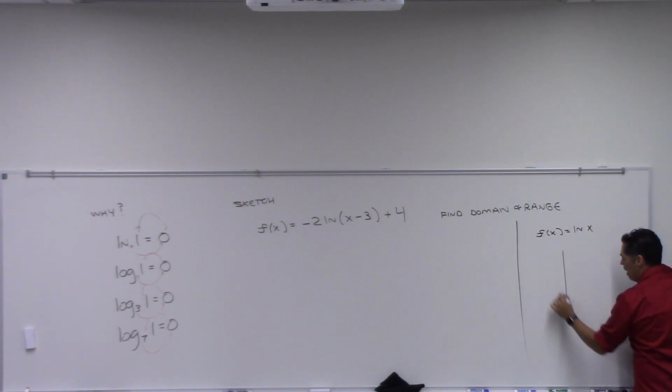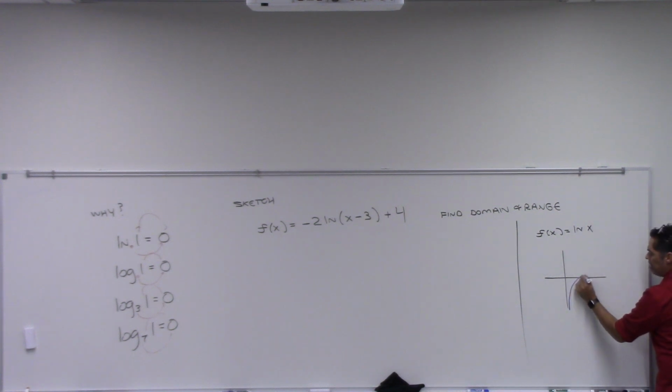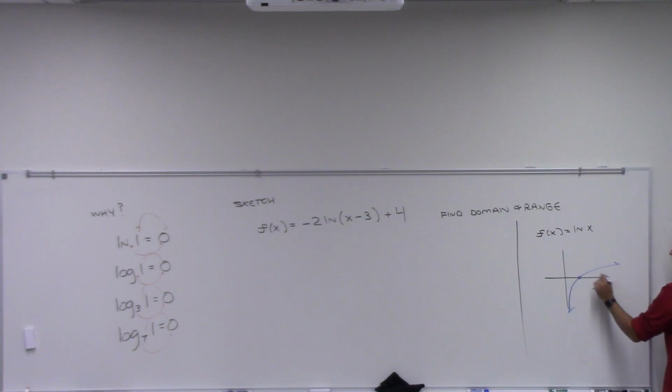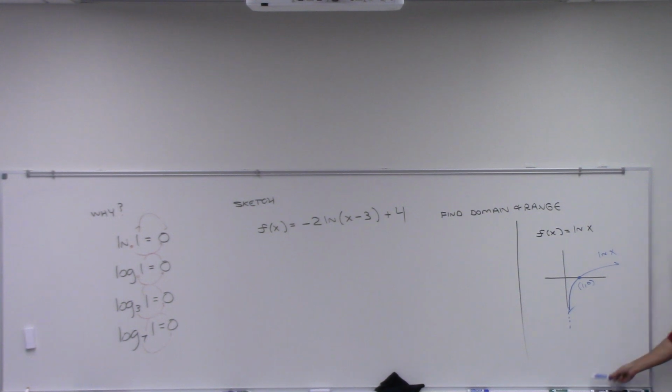When you get to Cal 2, or Cal 1, you better know that too, and pre-Cal. This is the graph of the natural log of x. It has a vertical asymptote here. Domain of this is 0 to infinity, range is negative infinity to infinity. That's the basic one. Now, we need to move it around and do things.